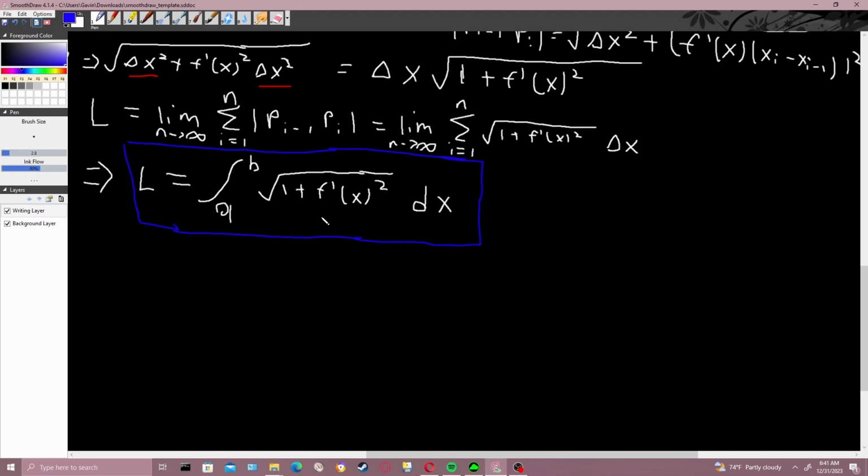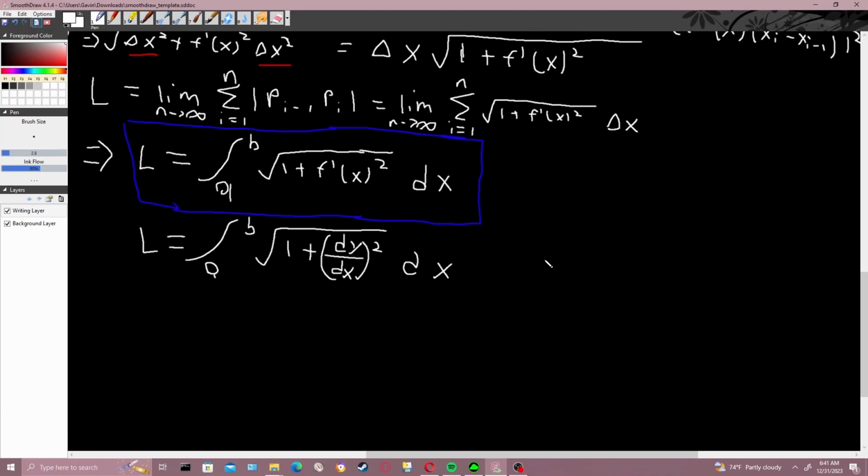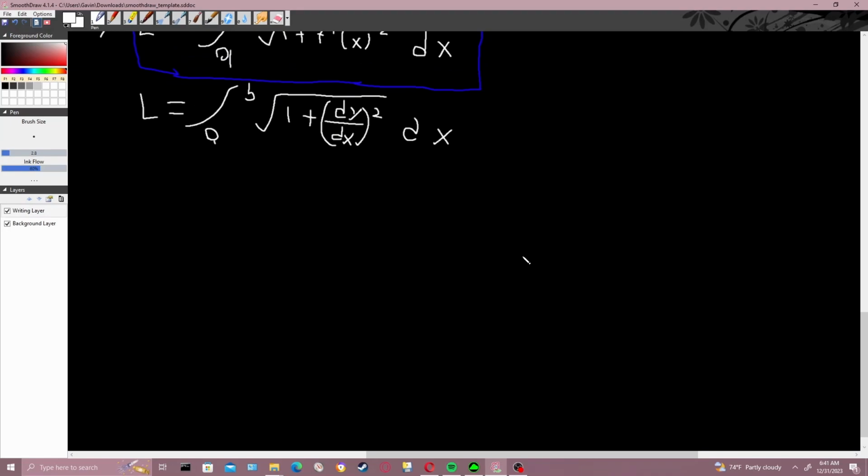A much more convenient way to write this would be the square root of 1 plus the change in y over the change in x squared dx. It's also the exact same. It doesn't change anything at all.